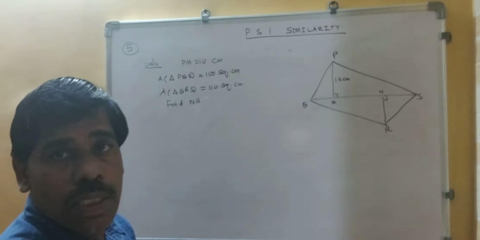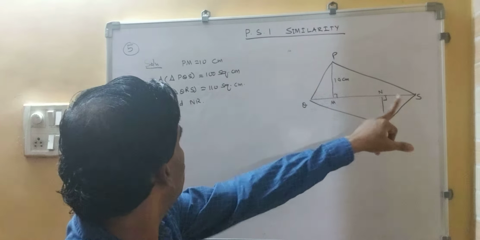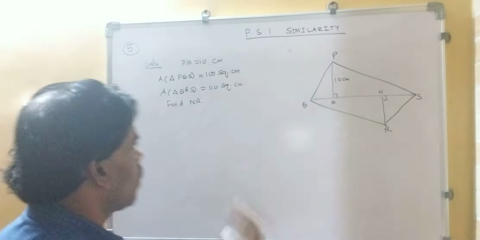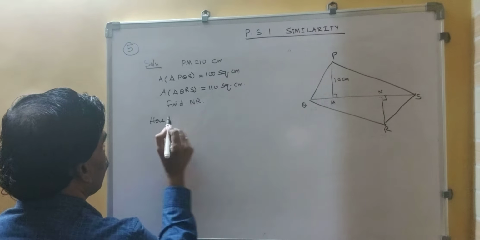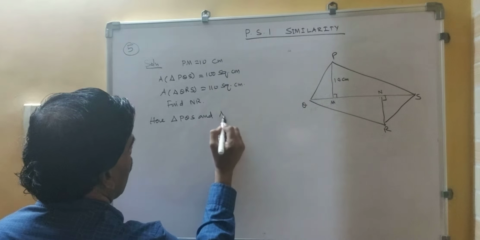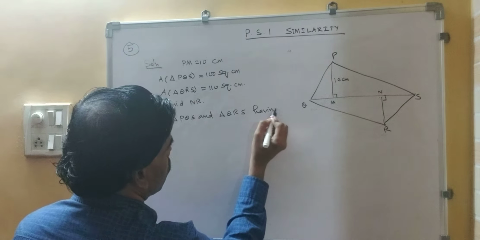Now look at this. As usual, what we will write? Triangle PQS and QRS are having the same base.